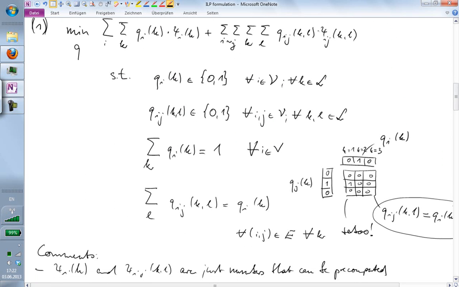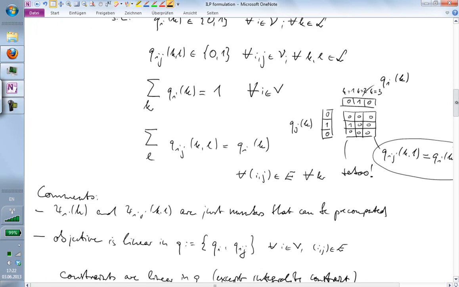But now overall it is just linear in these new variables q.